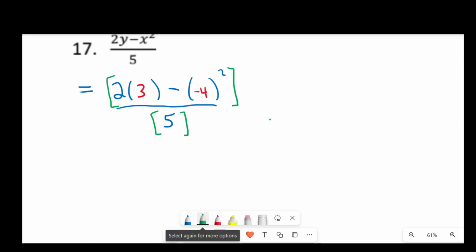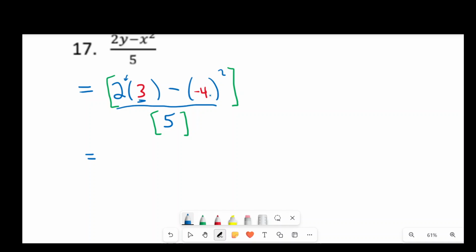So I need to evaluate what's happening in the numerator before I deal with the fraction and the denominator of 5. Let's see what math I have to do. Inside that bracket, I've got a 3, so all I have to do here is multiply by 2. Then I'm subtracting, so that comes way later. Here I have a bracket with -4, and that -4 is squared.